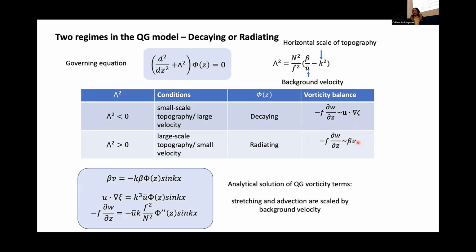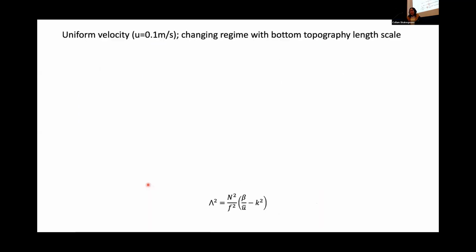If we write down the analytical solution for the quasi-geostrophic vorticity terms, the left box here, we can clearly see advection and stretching, both of them have background velocity in their expression, while beta weight does not. And we will see this feature later.